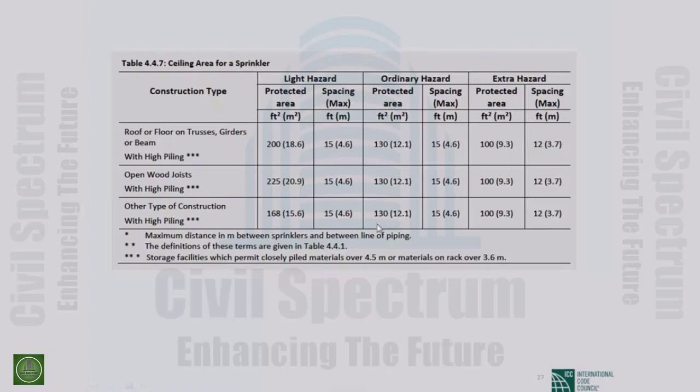So there is no point of giving less than 100 in that case. Somebody designed it that way to make it oversure, but it should not be. So normally the variation from the extra hazard to very low is 100 to 5 for a sprinkler.